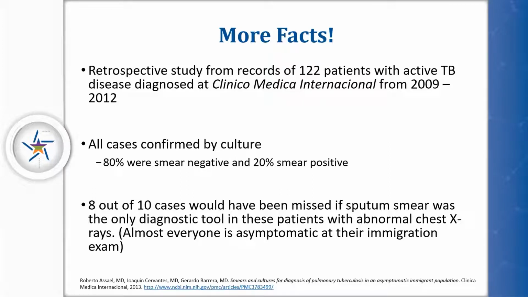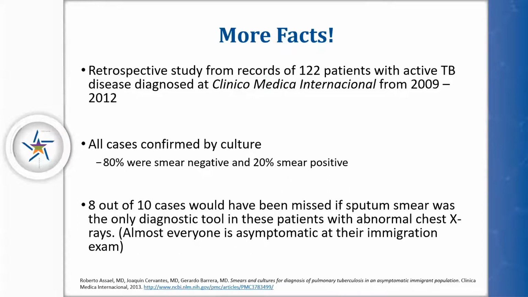They looked at 2009 to 2012, the same period of time we were looking at previously. All of the 122 cases were culture confirmed, but 80% were smear negative and 20% were smear positive. So basically what they found was that 8 out of 10 of their cases would have been missed if they had not collected sputum for smear and culture.